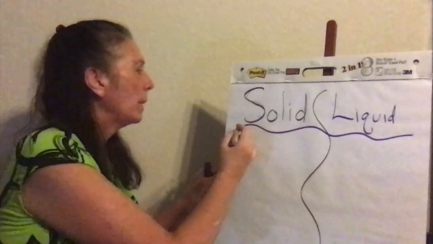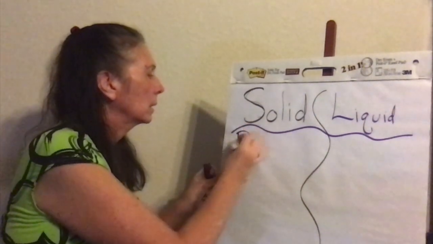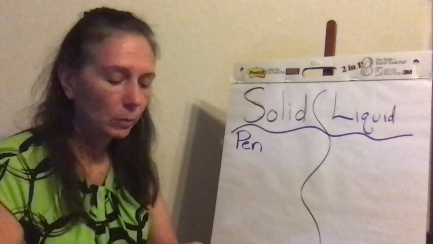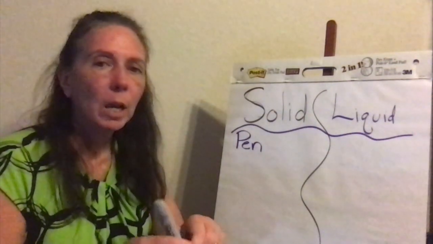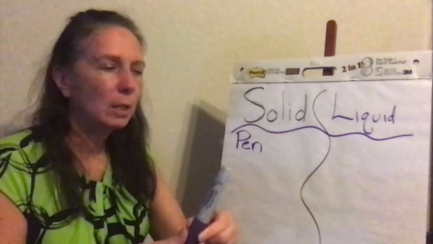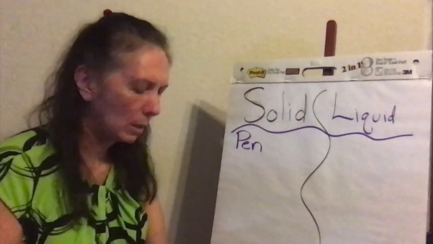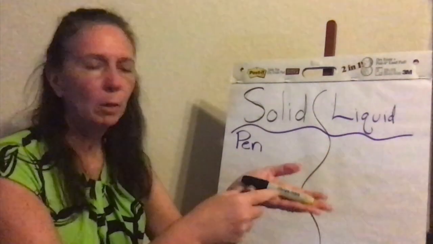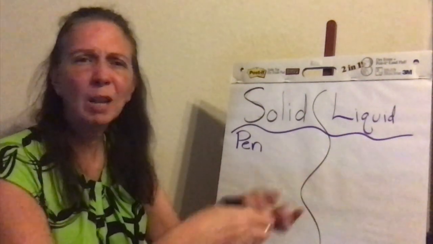So I can say that a pen is a solid. Okay? If I turn it this way, it still looks like a pen. If I turn it this way, it still looks like a pen. If I hold it in my hand, it's still a pen. It doesn't really change its shape much.